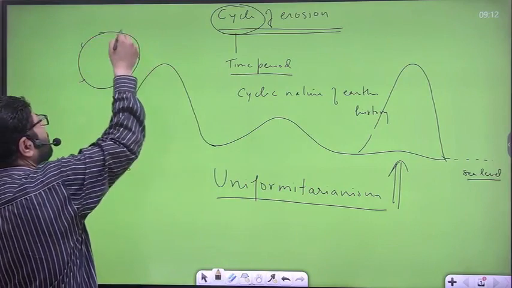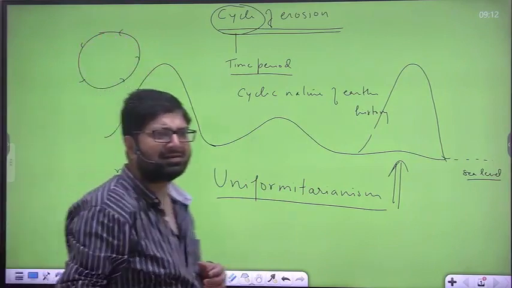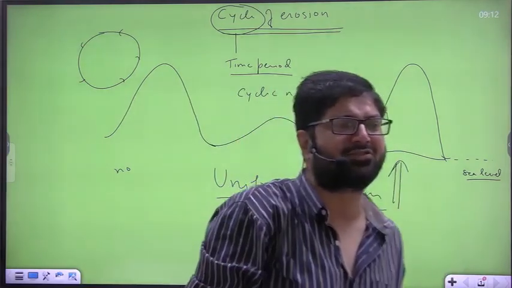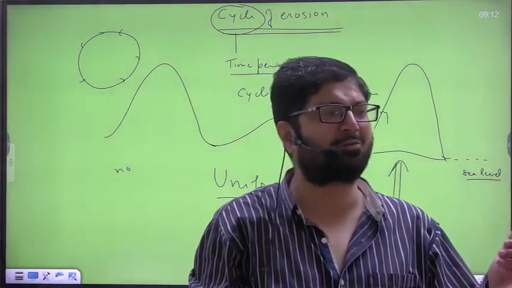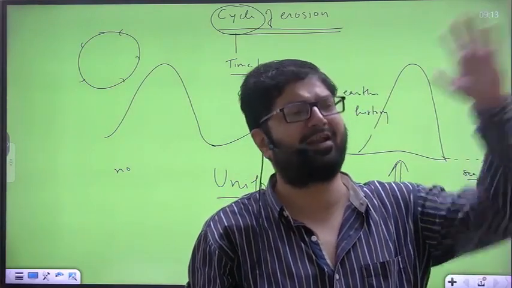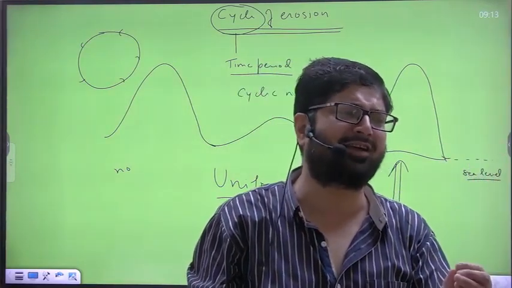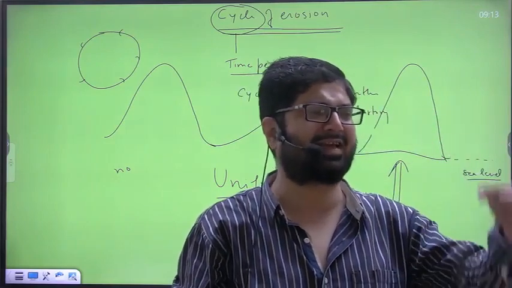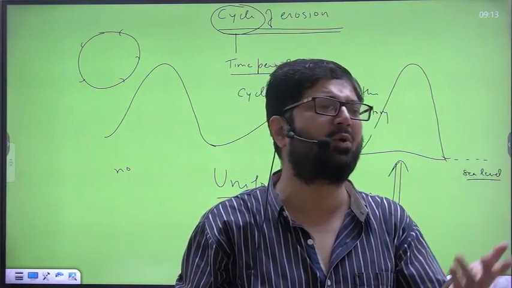In a circle there is no beginning, no end. ना कहीं शुरुआत है, ना कहीं अंत है. The same process goes on. In a cycle, in a circle, there is no beginning, no end.